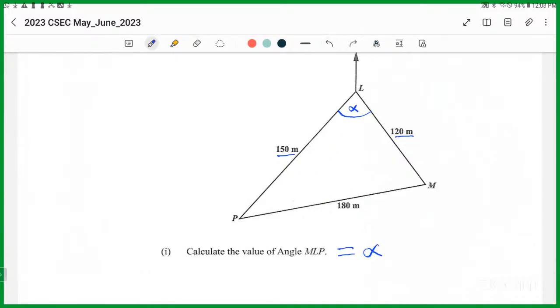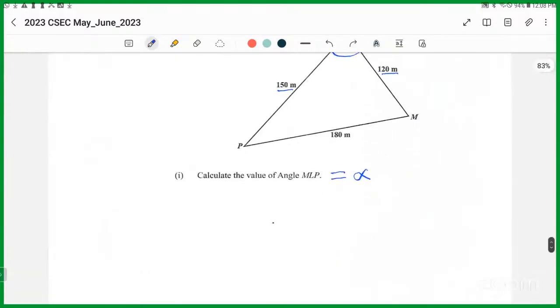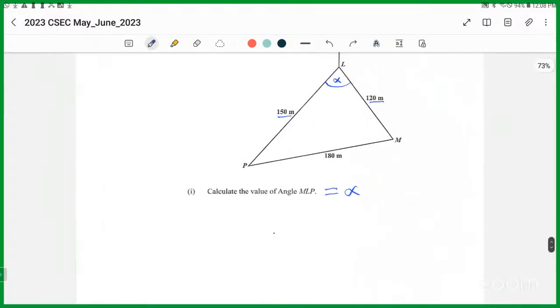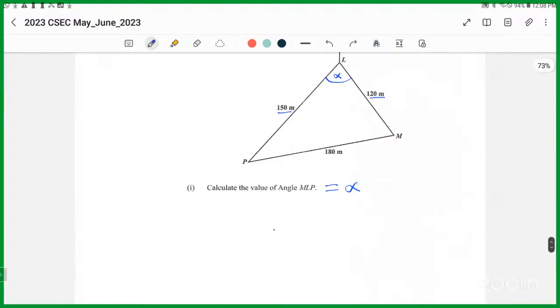So you start out like how you would start out the cosine rule, where the cosine rule would start out like Pythagoras' theorem. So if it was a right angle triangle with this as your hypotenuse, you would have had 180 squared equals this side squared plus that side squared, 150 squared plus 120 squared.